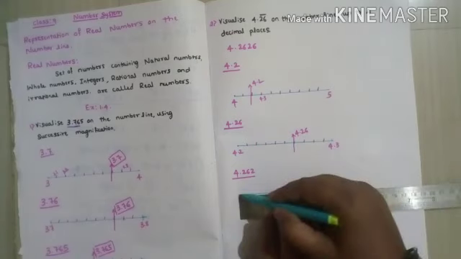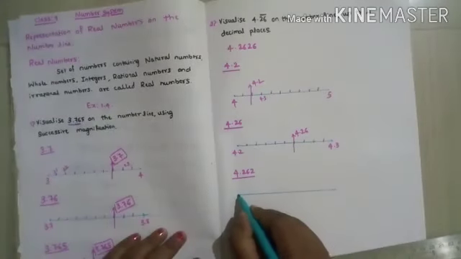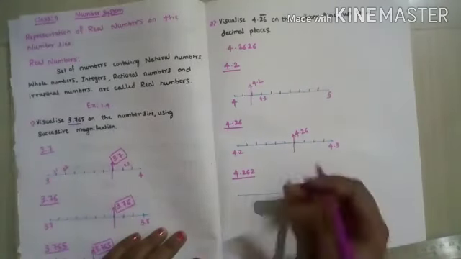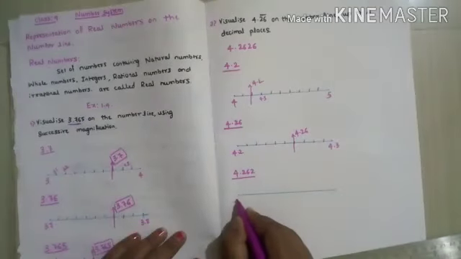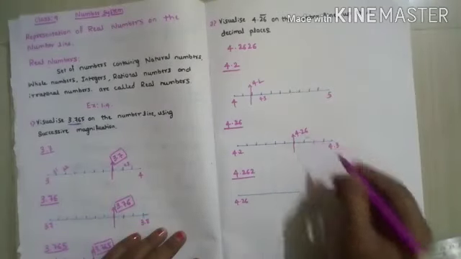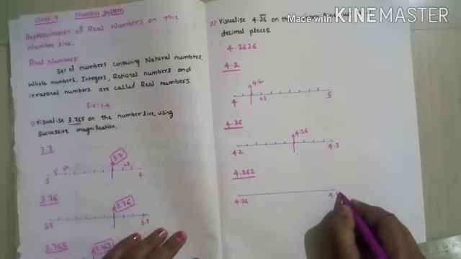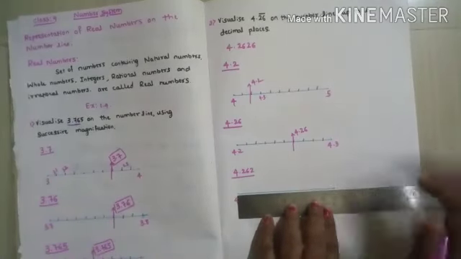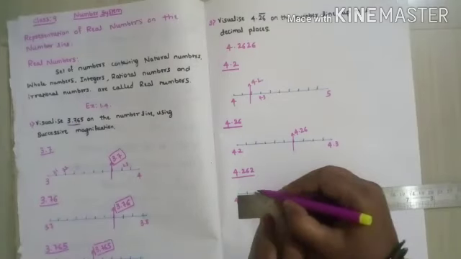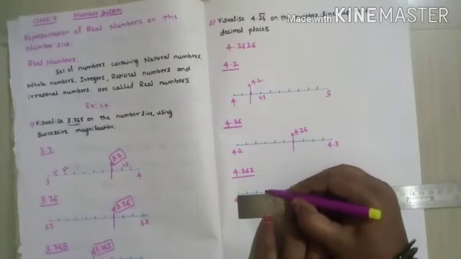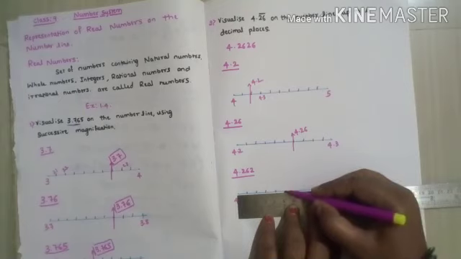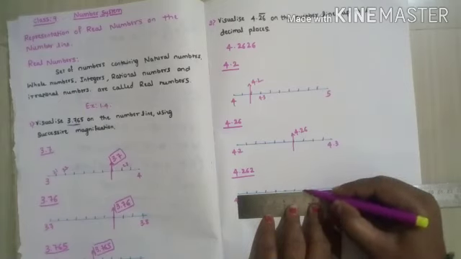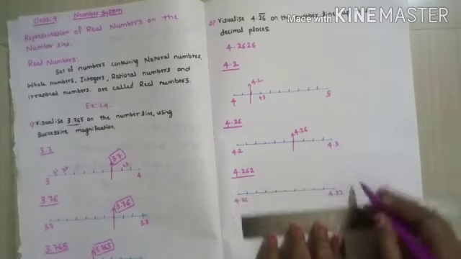10 centimeter line. Starting point will be 4.26 to 4.27. 10 parts you make here: 1, 2, 3, 4, 5, 6, 7, 8, 9.